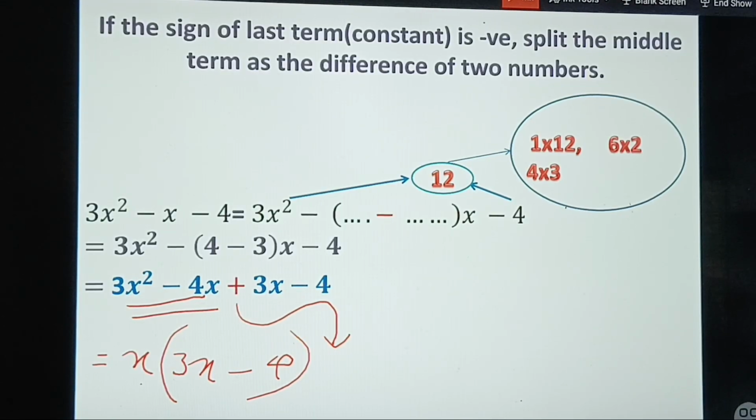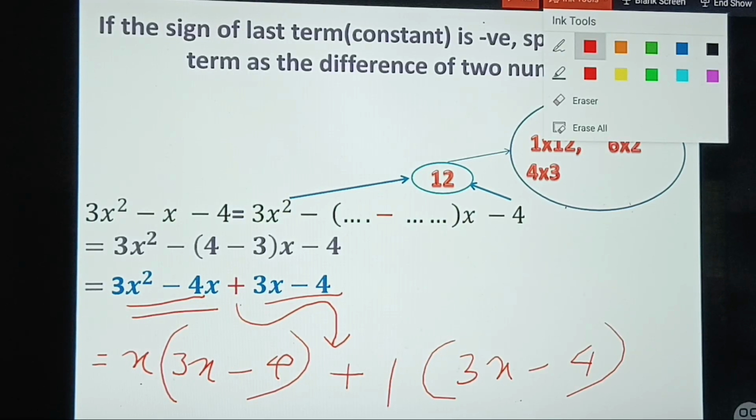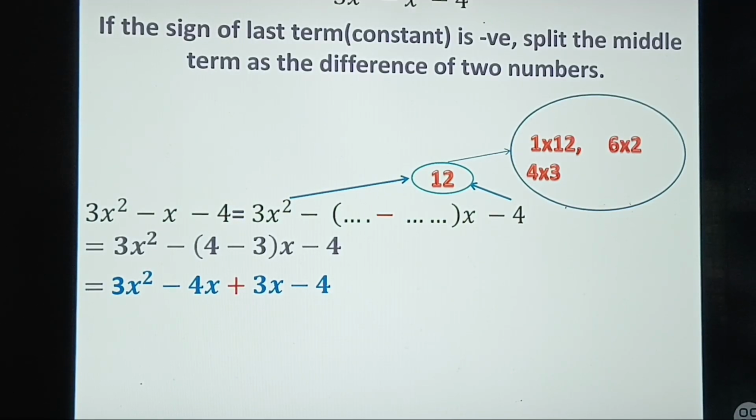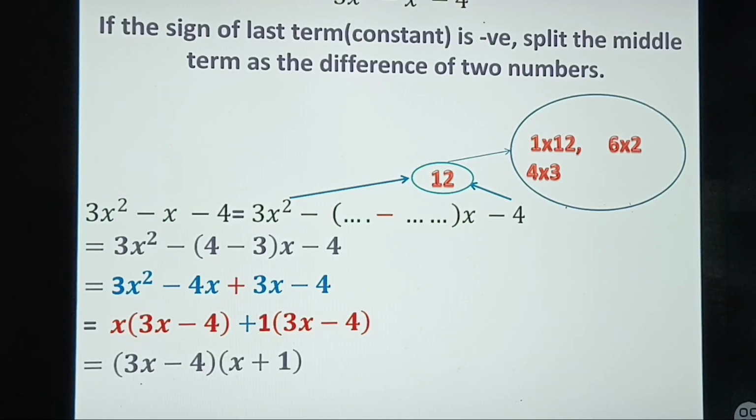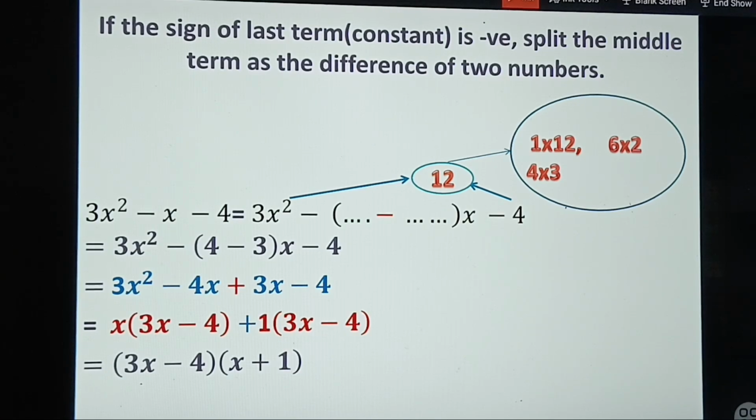After the first two, whatever sign is there, you have to put. 3x and 4 have nothing common, only 1 is common, and 3x minus 4. Take 3x minus 4 common from both. When 3x minus 4 is taken common, you get x plus 4.